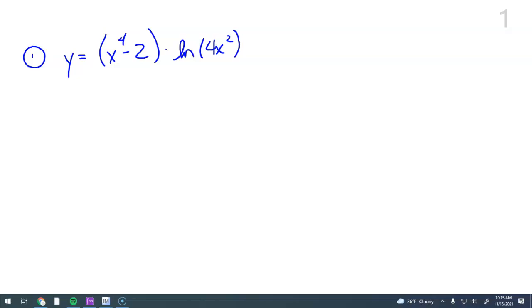When I take the d2, some of these have 2 chain rules, some only have 1. This just has 1. So my derivative will be the second thing times the derivative of the first thing. In this case, the derivative of the first thing does not require chain rule, right? What's the derivative of x to the 4th minus 2? It's just 4x to the 3rd.